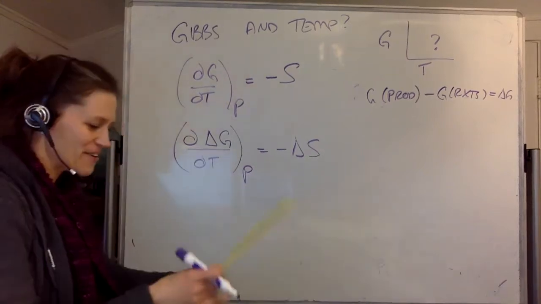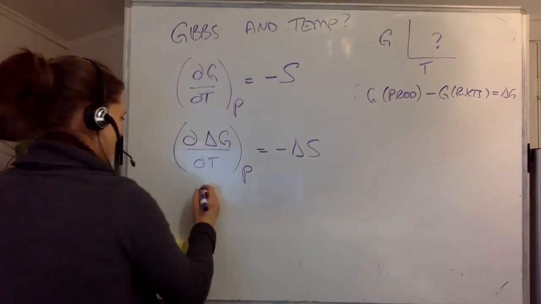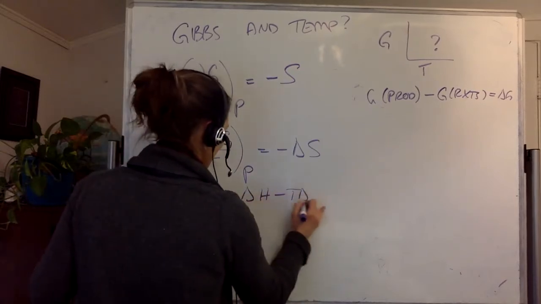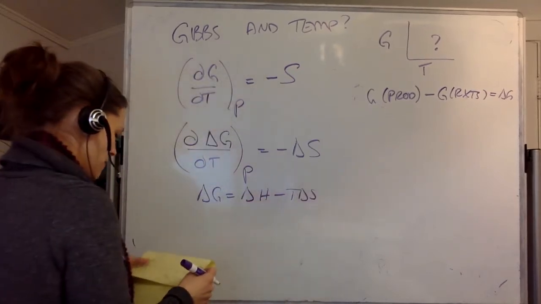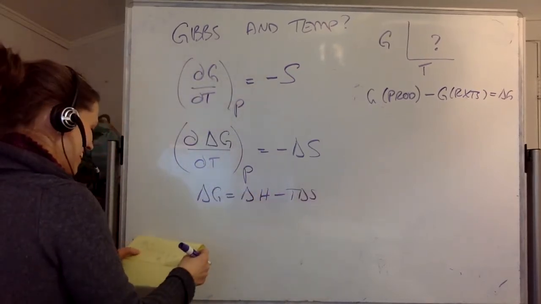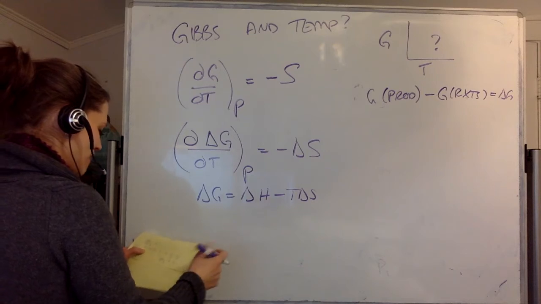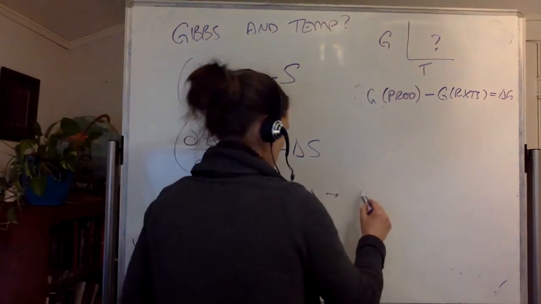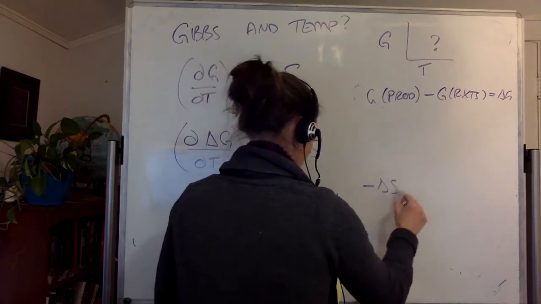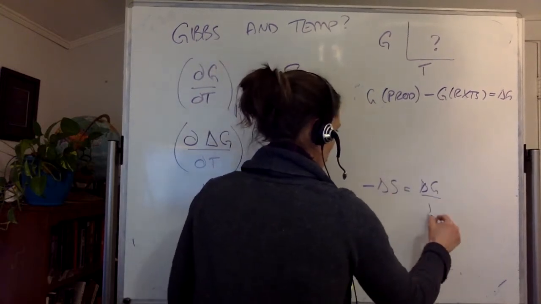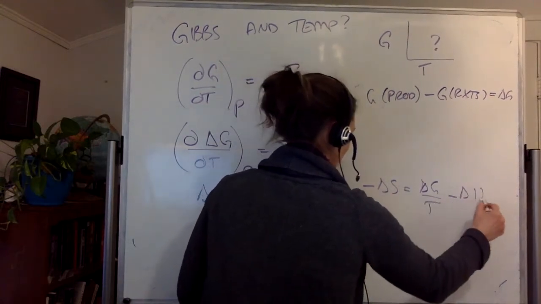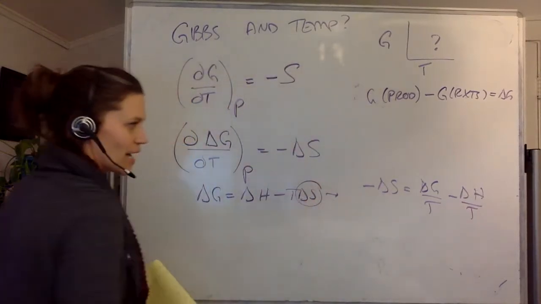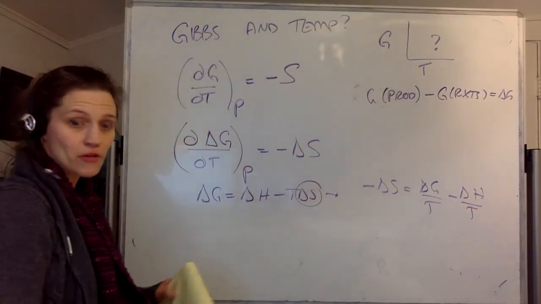Okay, so if I then say that delta G is equal to delta H minus T delta S, then from here I can solve, so minus delta S is equal to delta G over T minus delta H over T. Okay, so I've just solved for this delta S. Everyone follow me?